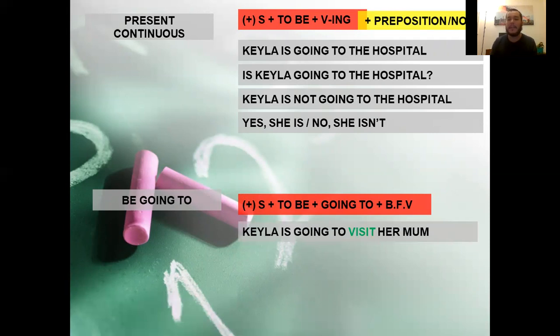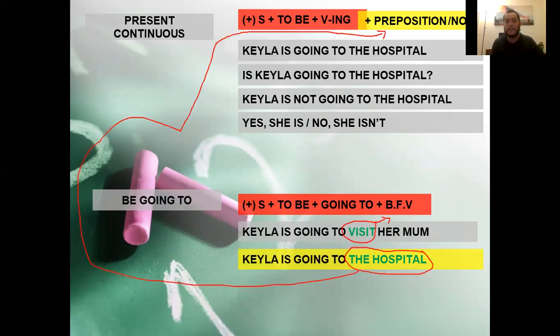Look at that. Kayla is going to visit her mom. Ella va a visitar a su mamá, in this case. Va a visitar. I put this part in green because it is what makes the difference between be going to and the present continuous. Look at that.